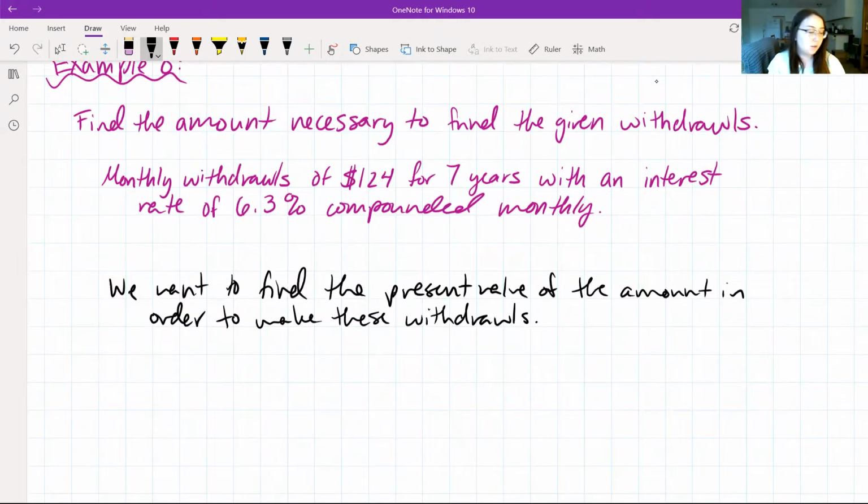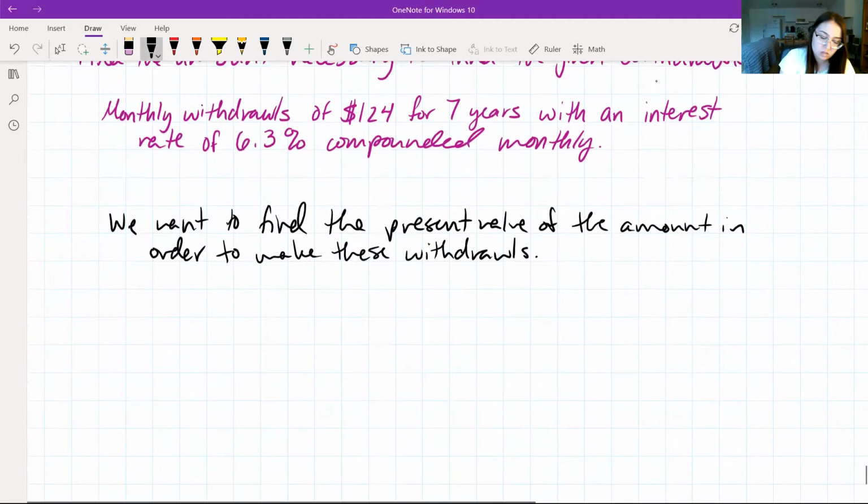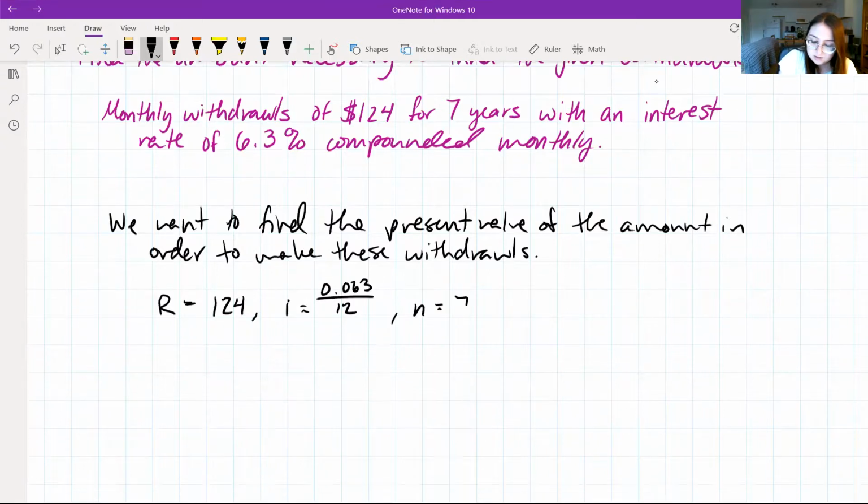So we're going to be calculating our present value. We know that R is going to be equal to 124, our payments. I is going to be equal to 0.063 divided by 12, since we're doing these monthly. And our value of N is going to be our number of years times our number of times we compound per year. So we have 7 times 12, and that's going to be equal to 84.